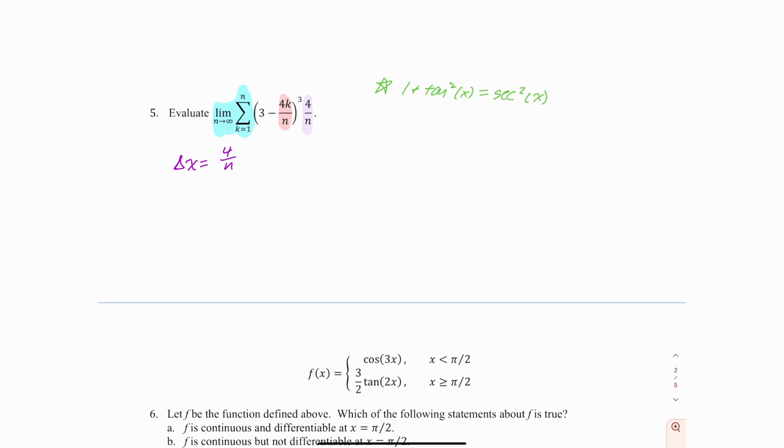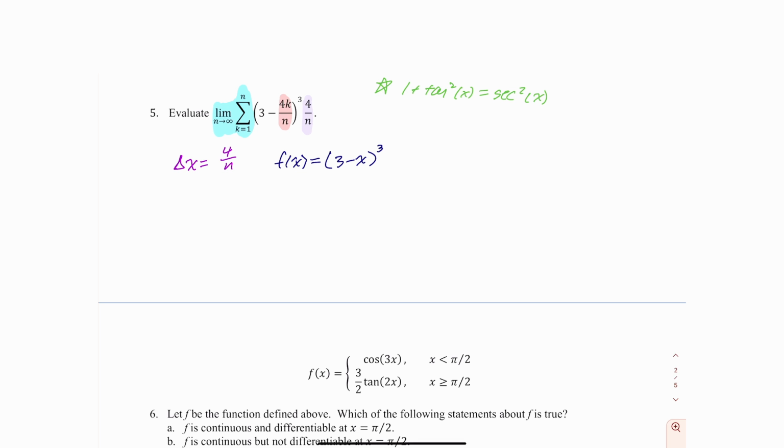My reason is I think that the function we're dealing with, f of x, is going to be the quantity 3 minus x cubed. I want to be really careful here because it's 3 minus 4k over n, not 3 plus 4k over n. If it was 3 plus 4k over n, then I would say that x sub k is 3 plus 4k over n and just live my life.